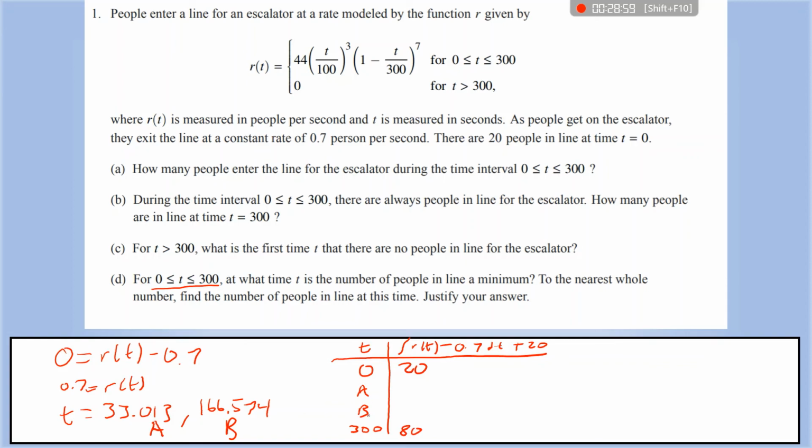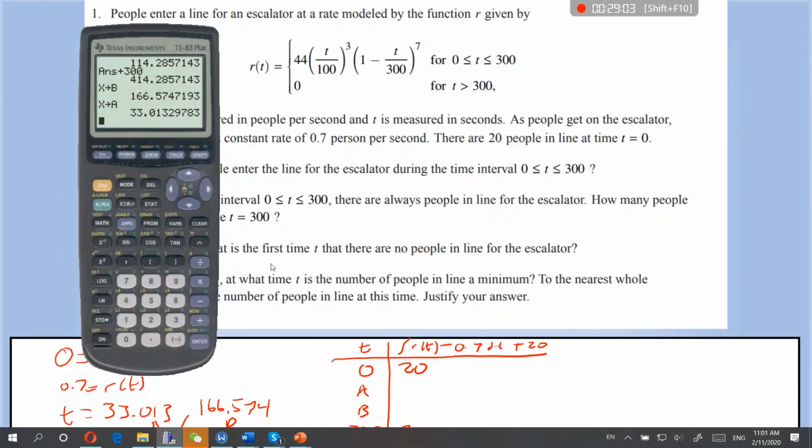So I just need A and B. My rate minus 0.7 from 0 until, instead of 300, what should be here?